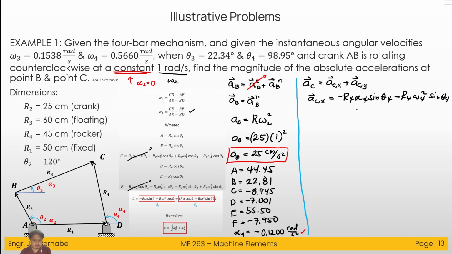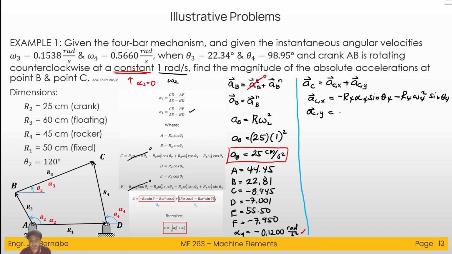And so in here, if you want to find the total acceleration at point C, then you need to use the fourth link, of course. So you need to use the fourth link. So every variable here should be 4 based on our previous equation. So this is it.